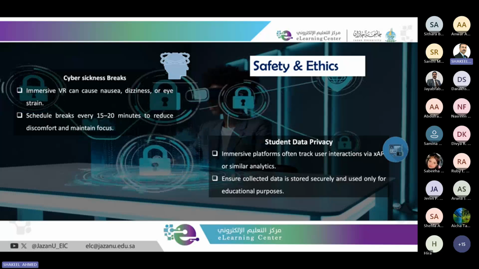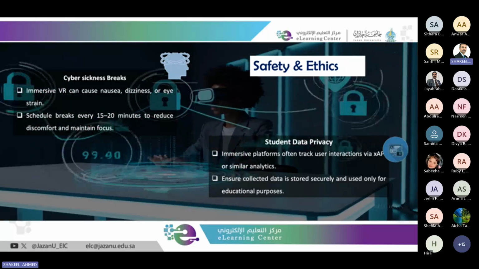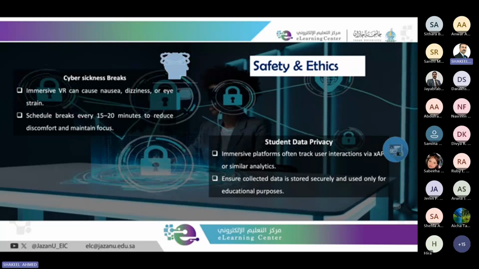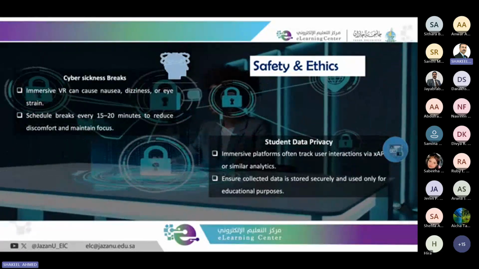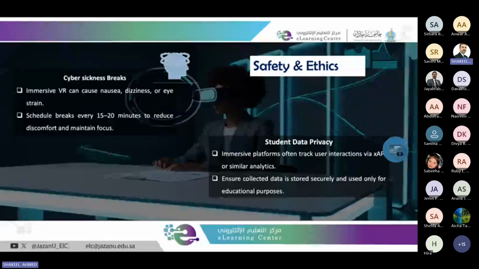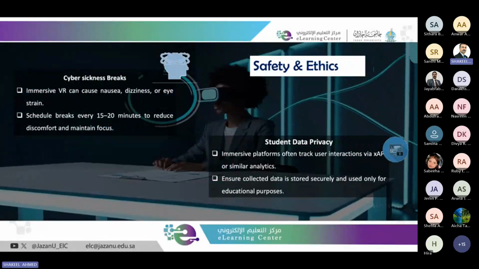Now, time to discuss safety and ethics. Cybersickness and privacy are really important here, because once you are using these tools with VR or AR, you need to be careful about the safety and ethics of usage.